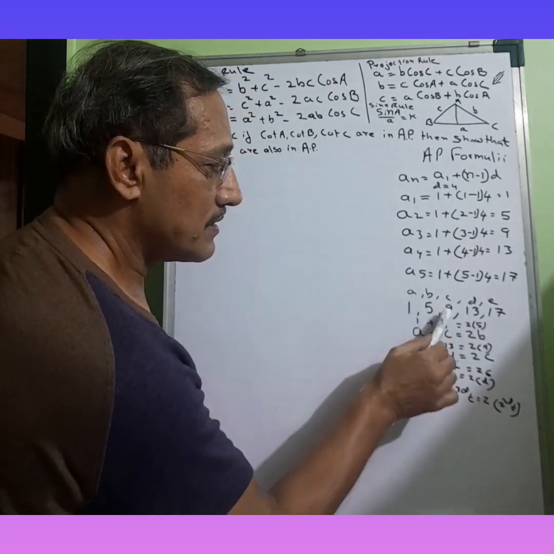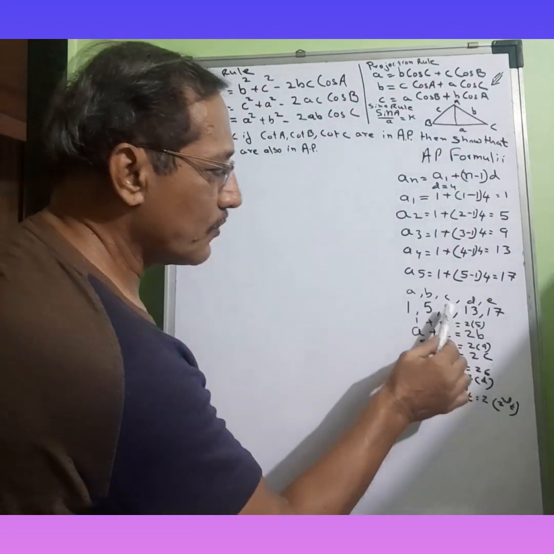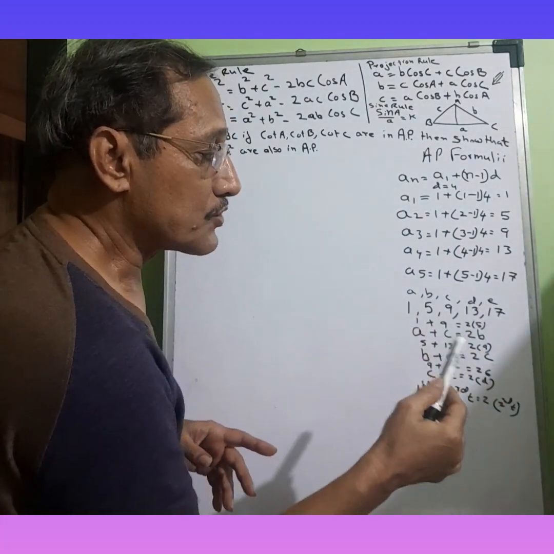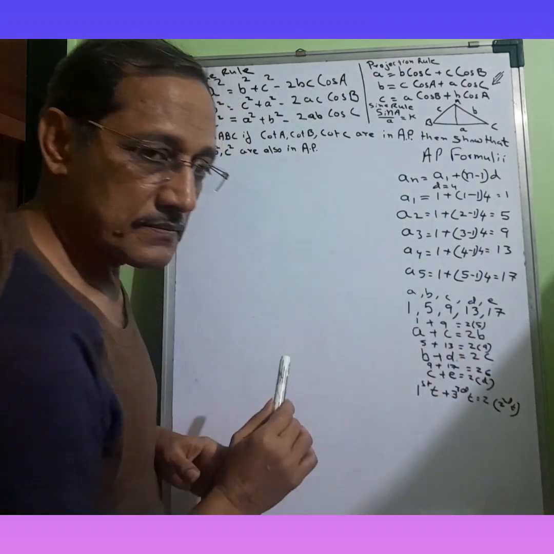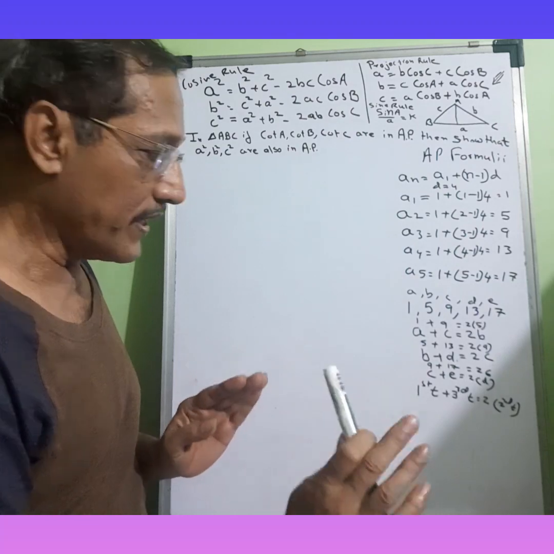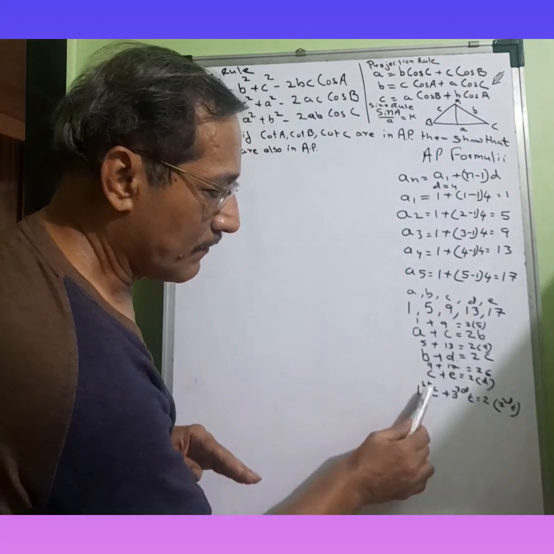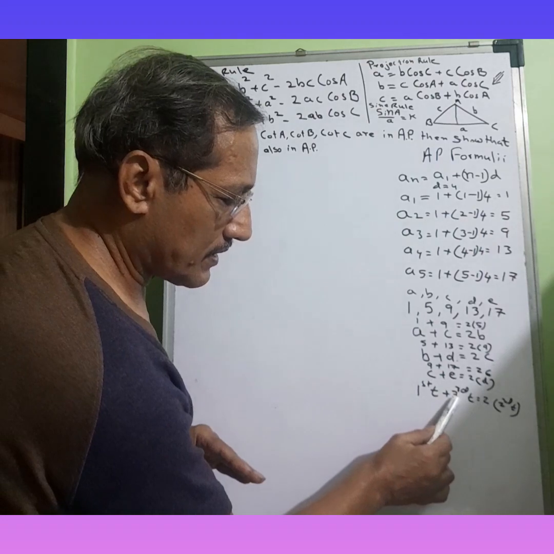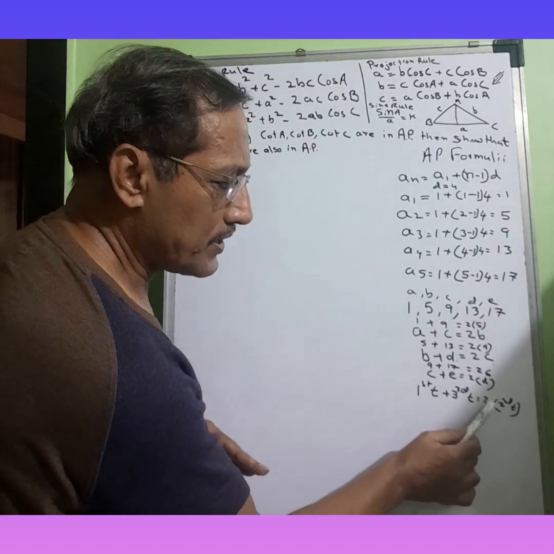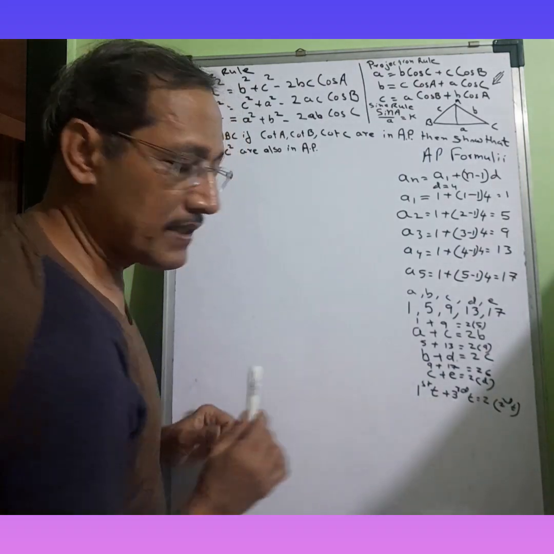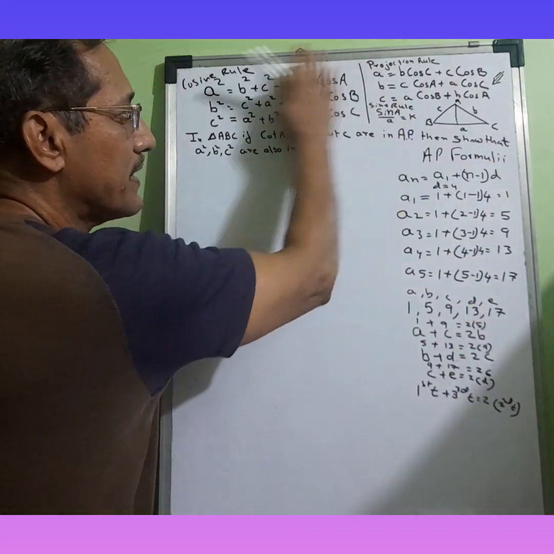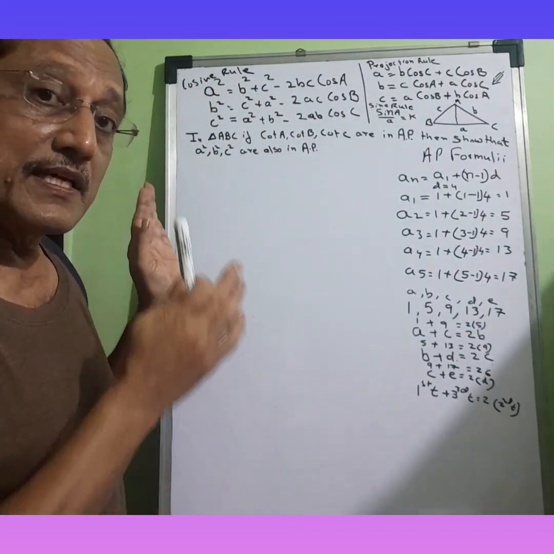Twice the middle term. Again this plus this would be 26, which is 2 into the middle term. So we can say that first term plus third term is equal to 2 into the second term, that is the middle term. Keeping this in mind, let's progress with the numerical.